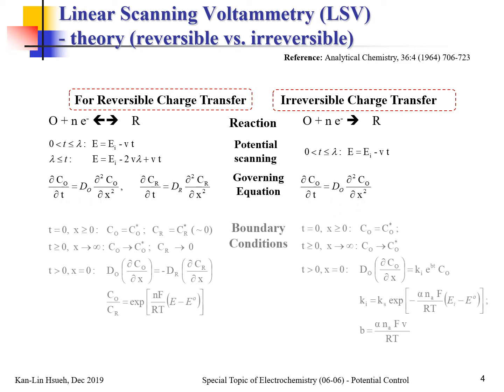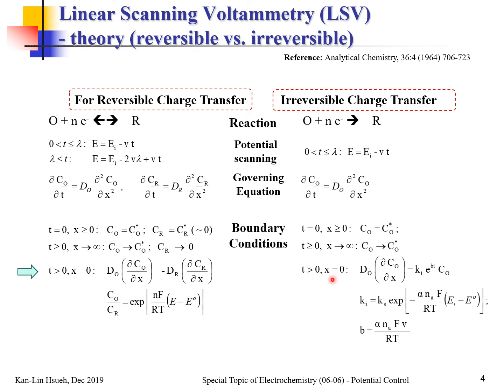The boundary and initial conditions are almost the same. The only difference is at the electrode surface, where we have to make a flux balance for O and R, and then the concentration gradient and Nernst equation here.